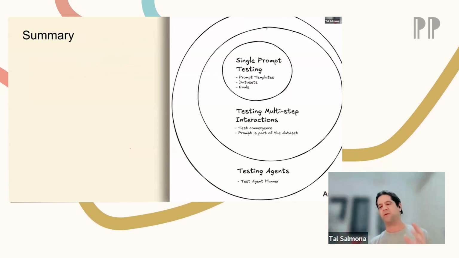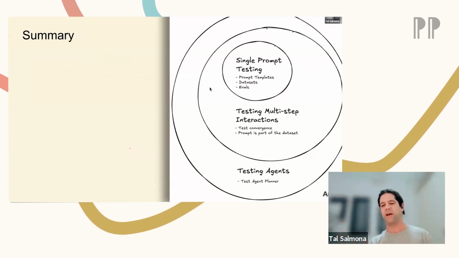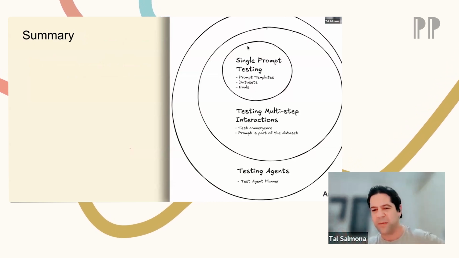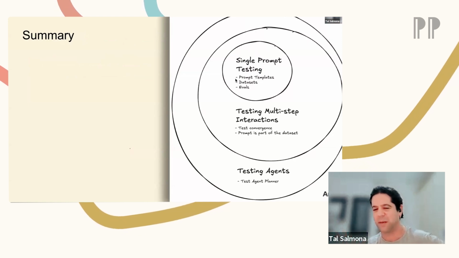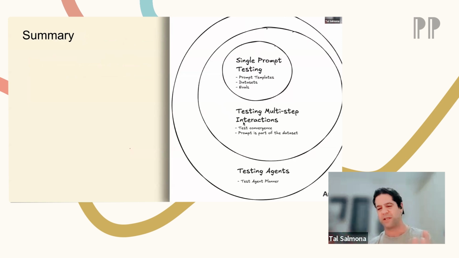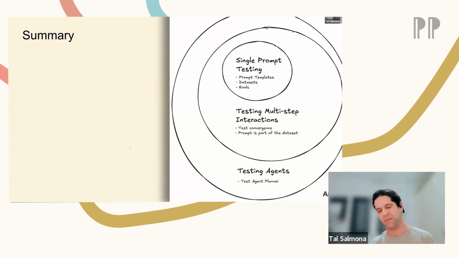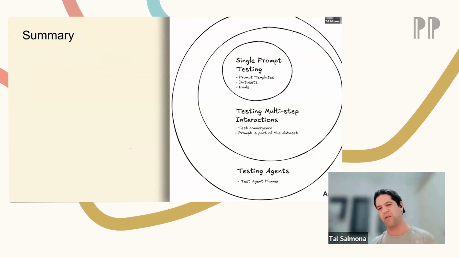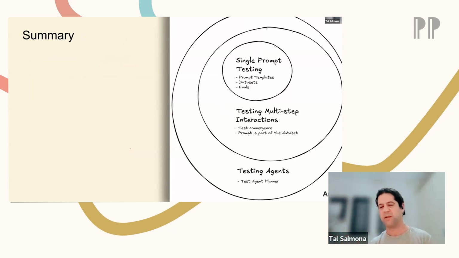So we can really look at this in this way: we have the building blocks, what we saw for testing a single prompt. When we look at multi-step interaction, we still use the same capabilities, but we now need to create evals that look at convergence.